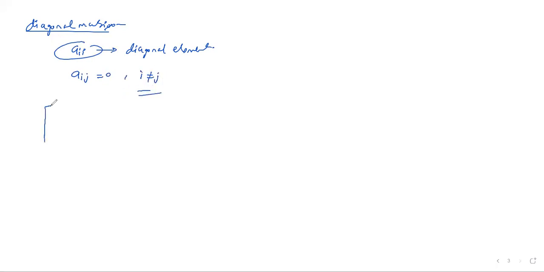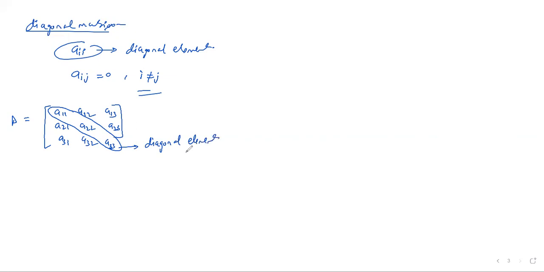Now let's say I have a matrix of 3 cross 3, which is A11, A12, A13, A21, A22, A23, and similarly A31, A32, A33. Then what are my diagonal elements? My diagonal elements are A11, A22, and A33.